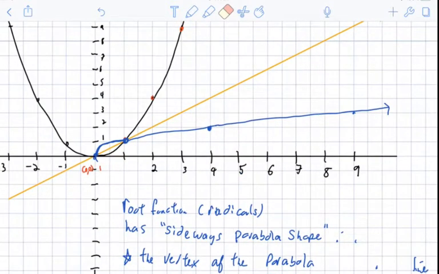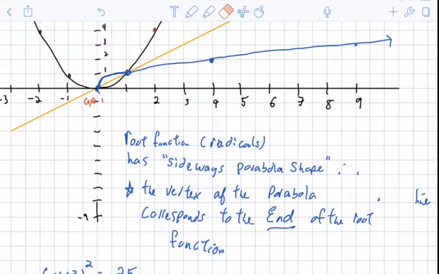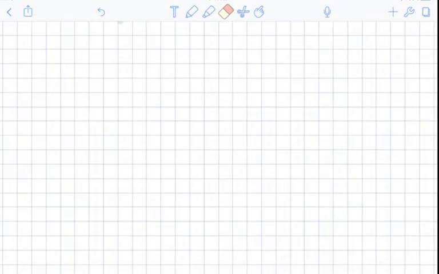Okay? All right, so without further ado, I want to just go back to this, emphasizing that there's a relationship between the shape of the parabola and the shape of the root function. Okay, so before we go on with radical expressions, what's a radical expression?